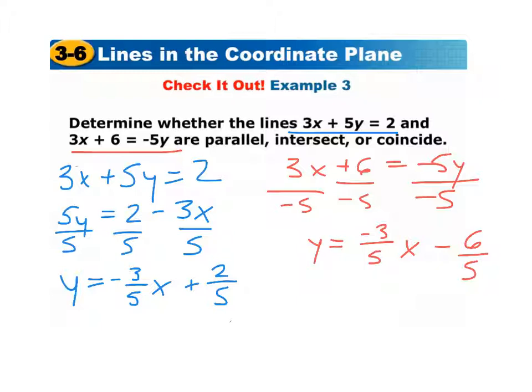Do we have the same slope? Yes. Negative 3 over 5. So we have the same slope, so they're definitely not intersecting lines. Do we have the same y-intercept? No. So they're not coinciding, so therefore they are parallel.